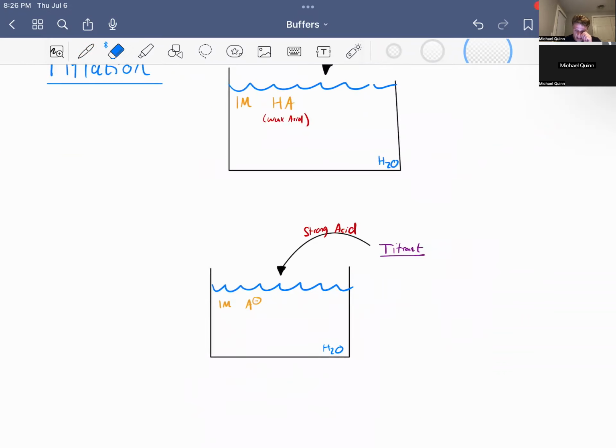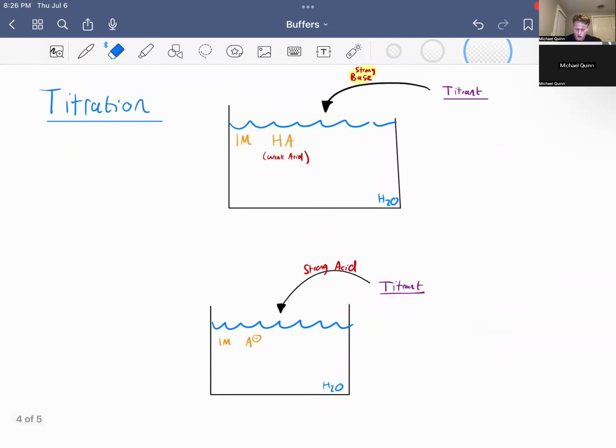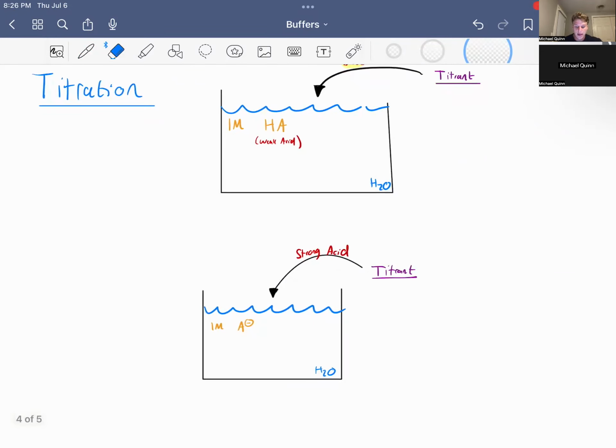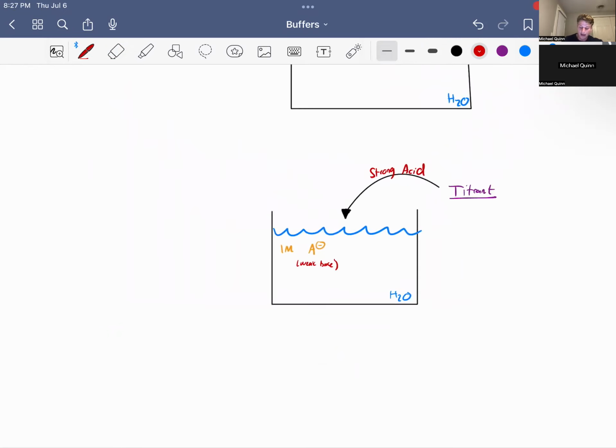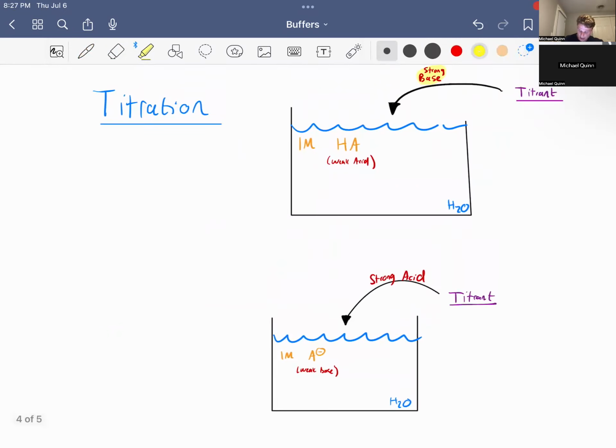So if you have a weak acid, you should use a strong base as your titrant to run your titration. And if you have a weak base, like we have below, we can add a strong acid, and note that this is a strong base and a strong acid, not a weak base and weak acid.